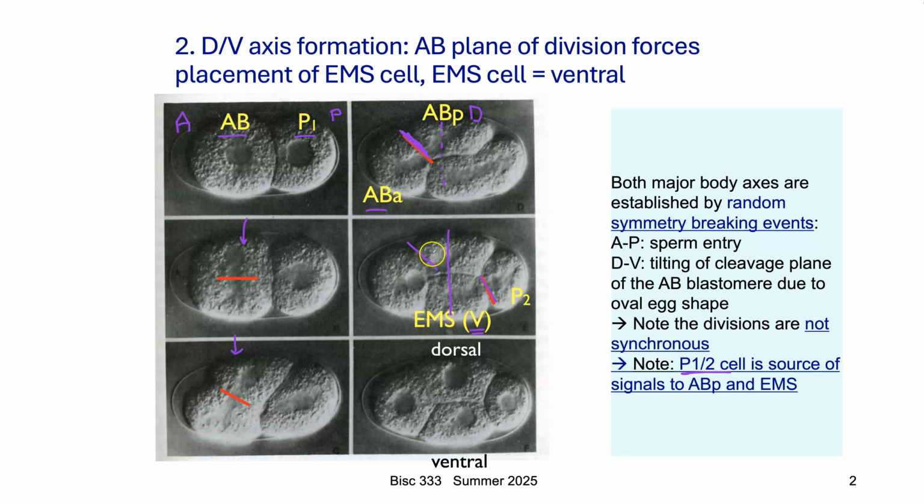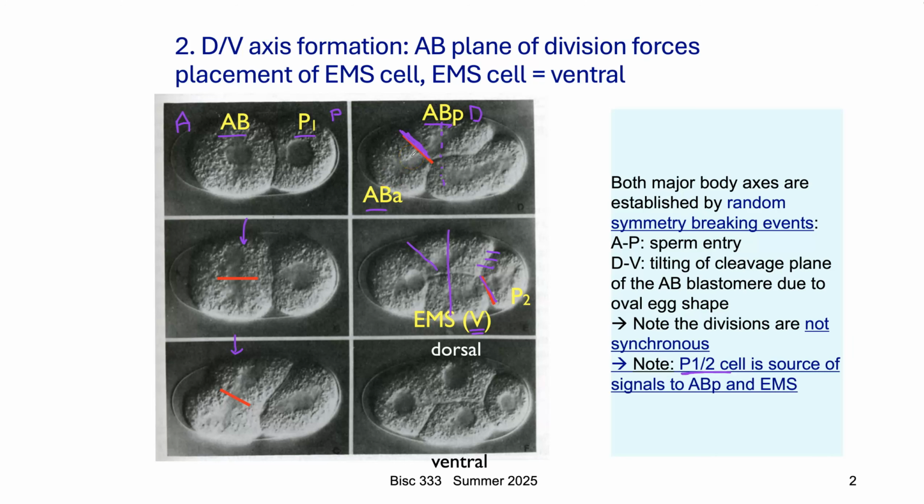And ABA and ABP are genetically, in terms of what they're actually expressing at this point, the same, but only one of them is in contact with the P2 cell. And so if you were to take a needle and just kind of shove these around a little bit at this stage, up to 10 minutes after they have formed, you shift them around, you can make them trade fates.